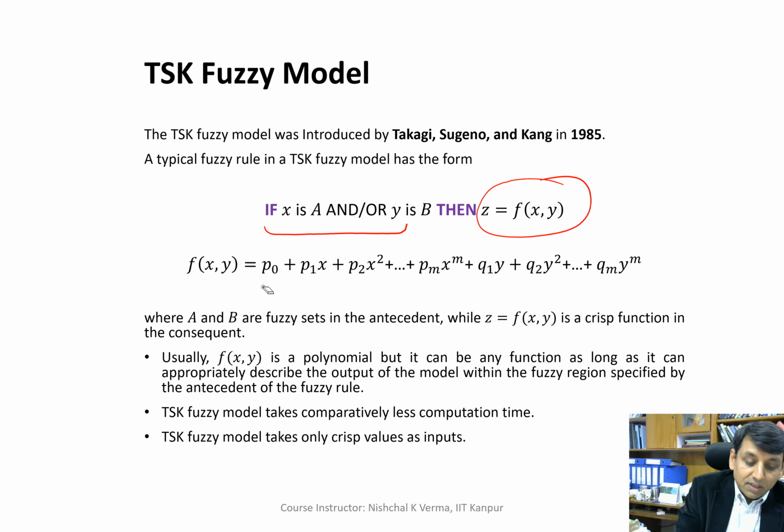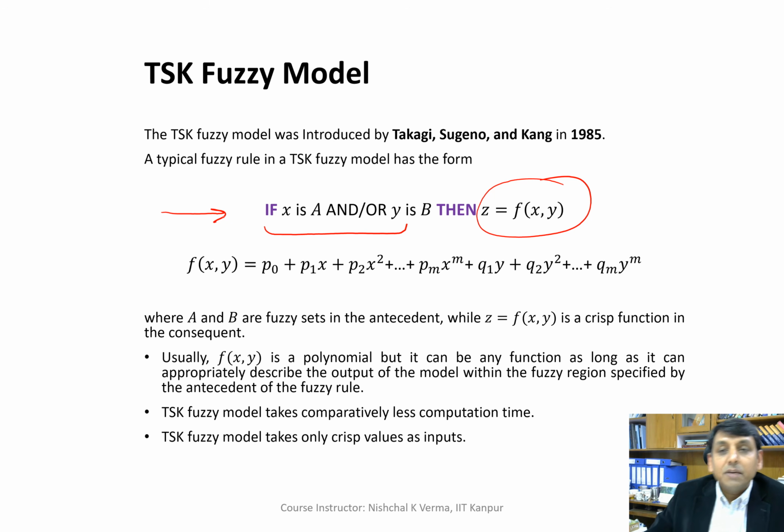The rule used here is a two input rule, or two antecedent rule, whereas in general it can have any number of antecedents.